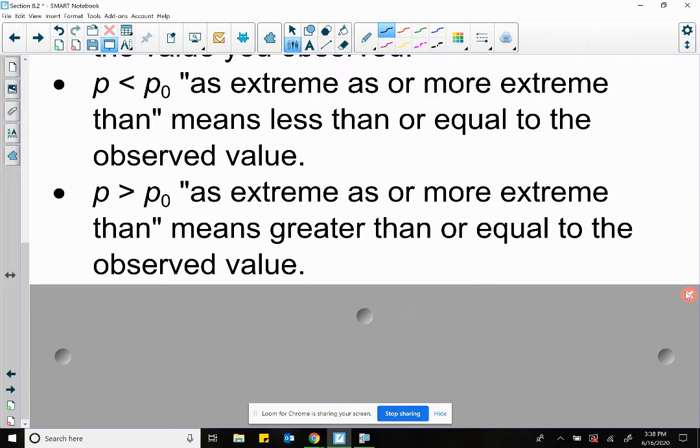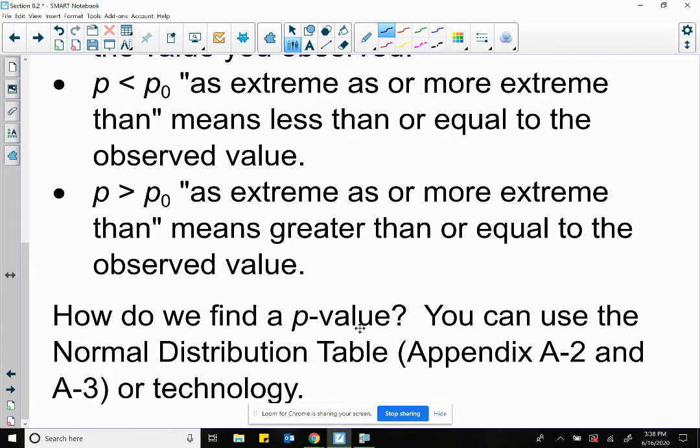And then last but not least in here, how do we find the p-value? It's the same way we found the p-value when using the normal distribution, as we did in chapter 6 when we learned about the normal distribution. We can use the table on the back, or we can use technology. You've already learned how to use the table, so let's not worry about that.